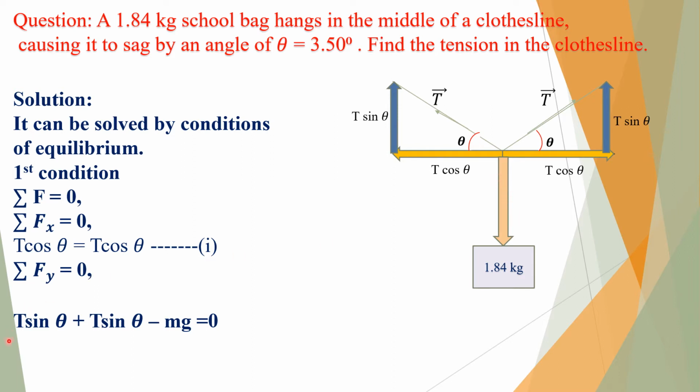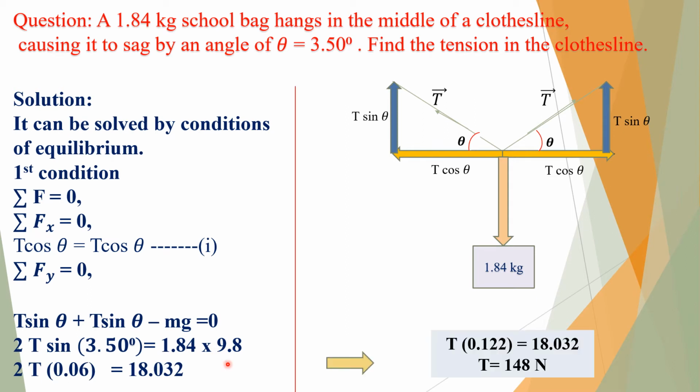So we have T sine theta plus T sine theta minus mg is equals to 0. Putting the value of theta, mass and g, we get tension T is equals to 148 Newton. So this is the tension in the clothesline.